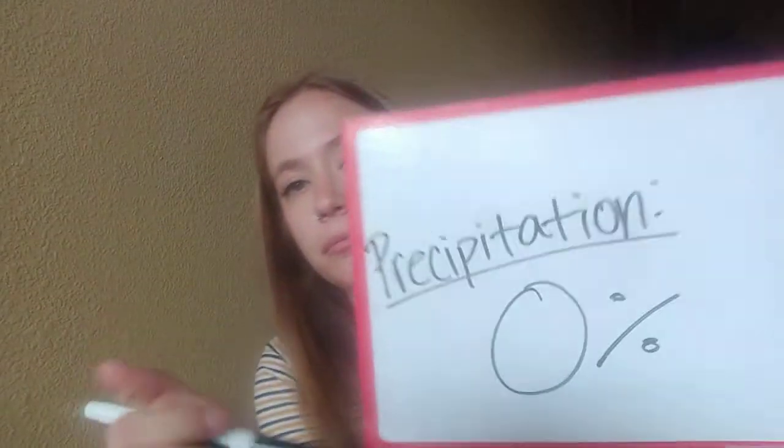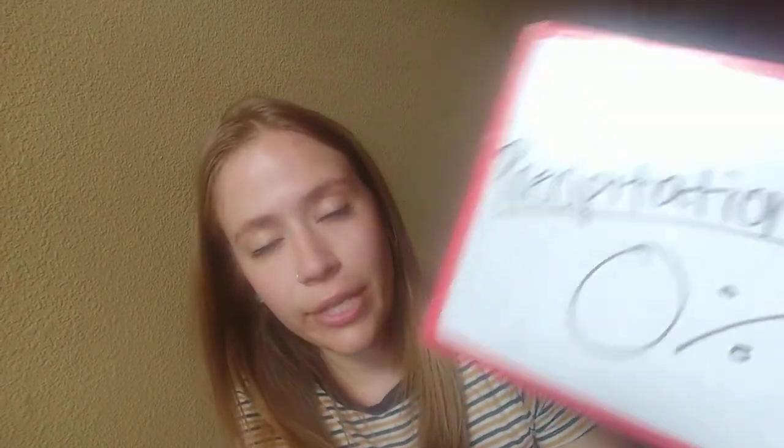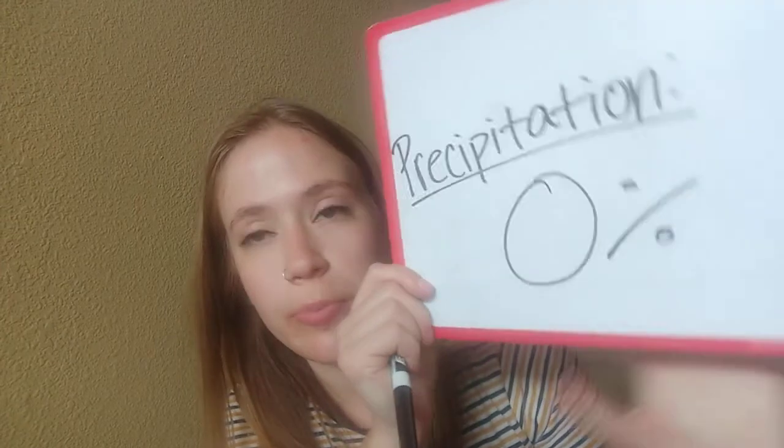Precipitation, precipitation, and then I see 0%. So our blue line was correct. We are not expected to get any type of precipitation today. But like I said, that doesn't necessarily mean anything because our weather's been kind of unpredictable lately.